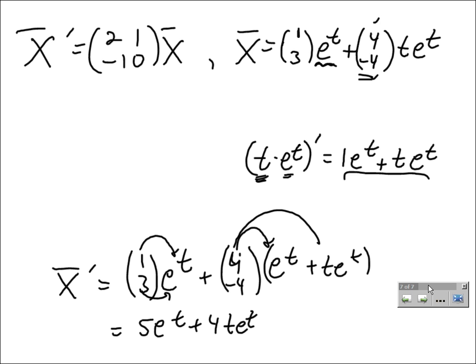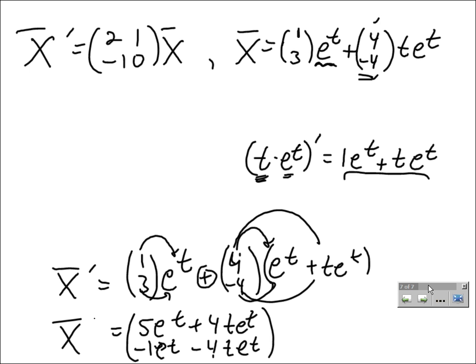In the bottom I have 3 e to the t, but I'm adding on negative 4 e to the t. So I'll be left with negative 1 e to the t plus negative 4t e to the t. So that is x bar prime.